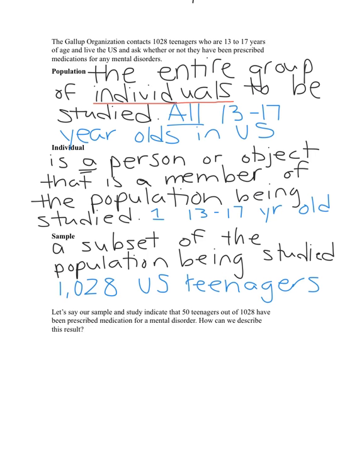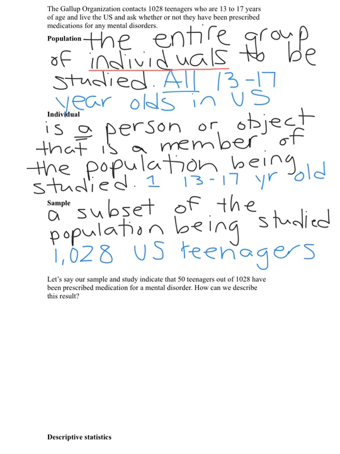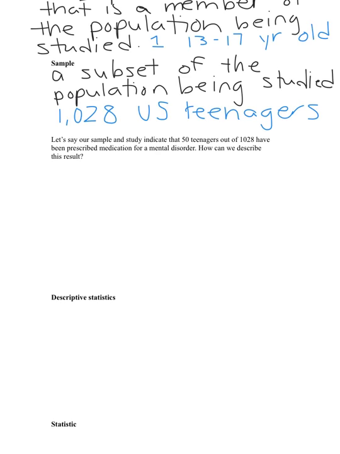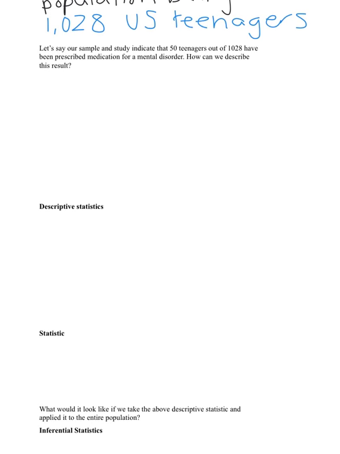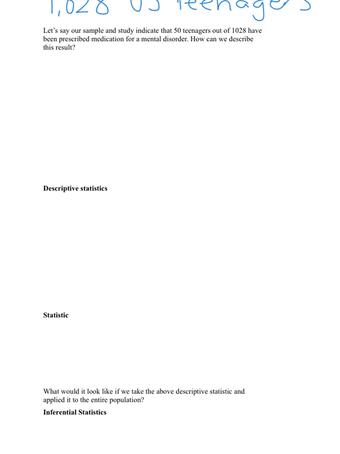Okay, so what are we going to do about this sample? Well, we're taking the sample to get information. And so the Gallup organization asked this sample of teenagers about prescription for their mental disorders.